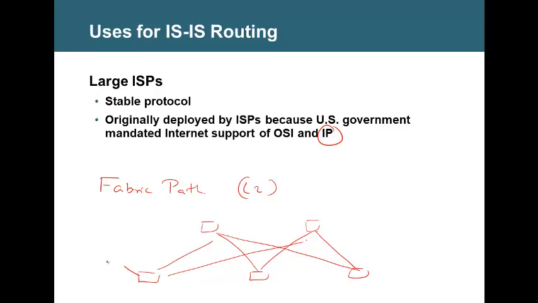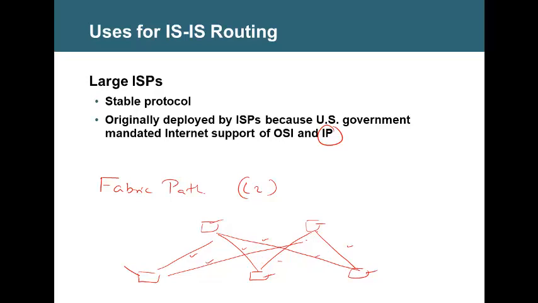Using the fabric ID, these devices will discover each other. And it is only by using the fabric ID that the paths and forwarding tables are built. As a result, there is no need for spanning tree protocol, STP.